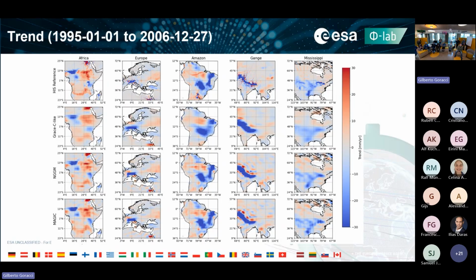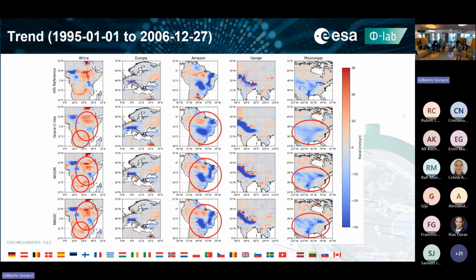As you can see here also, the first row is the reference, while the second, third, and fourth are the products. And here as well, you cannot retrieve information using GRACE, while you can still reconstruct some higher frequency features from NGGM and MAGIC. And the same, as you can see, in the regions highlighted in the red circles.